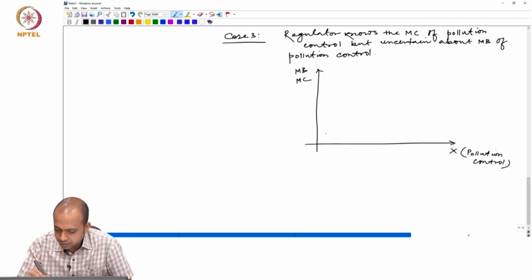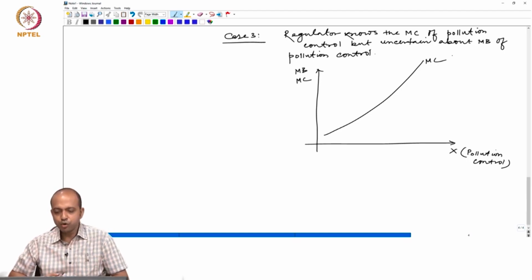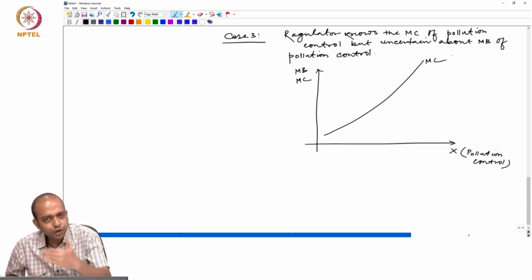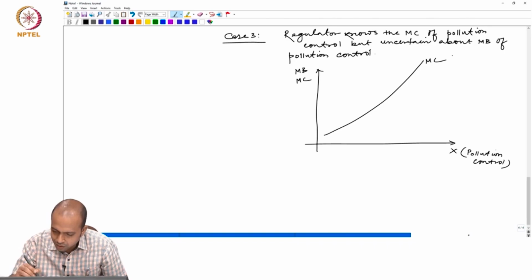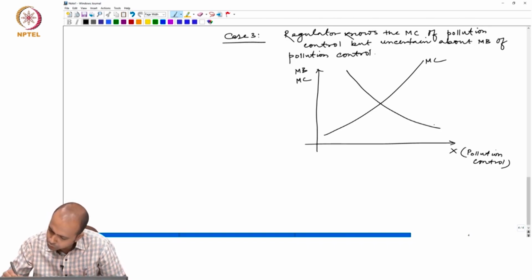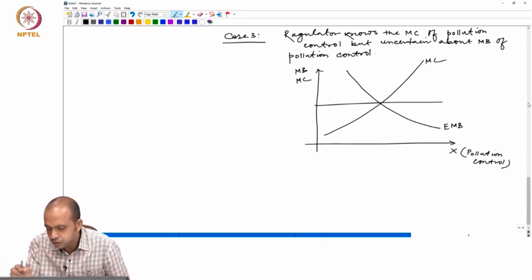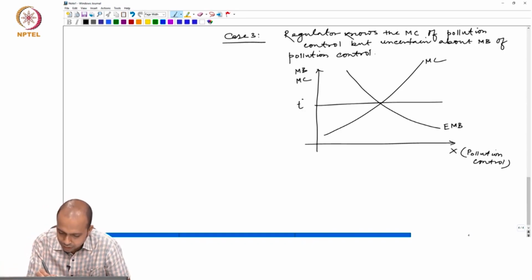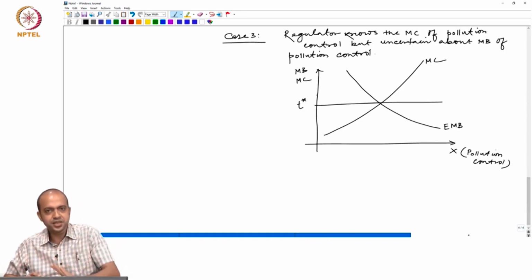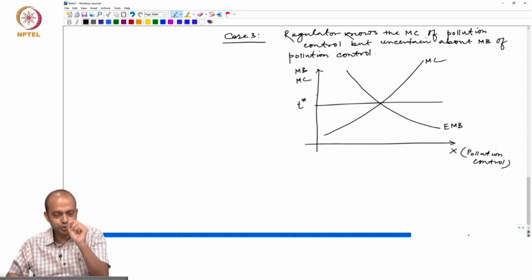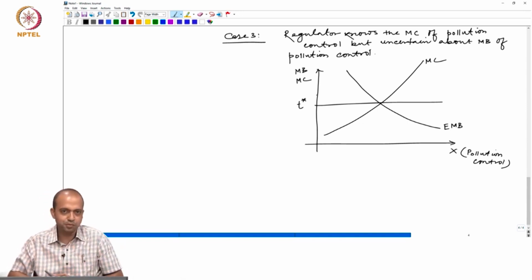Let us say that this is our MC, but is uncertain about the MB. So, that means the regulator will work with expected MB. Let us say that this is our expected MB, EMB. So, again the intersection will give the tax rate. To analyze these cases, the first step is to always decide about the optimum tax rate.